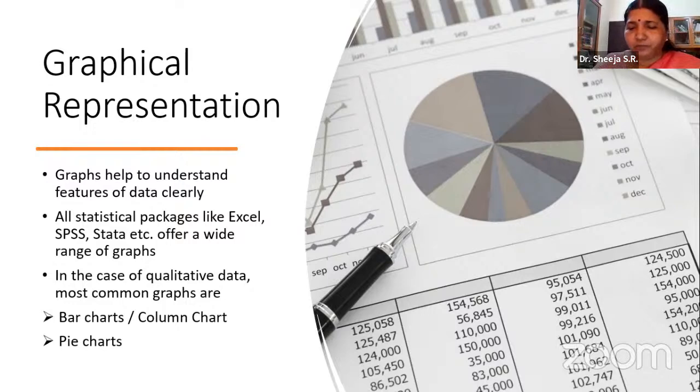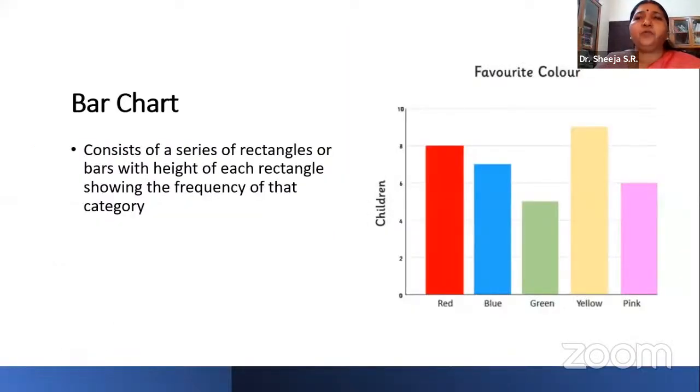I will show the pictures. So this is a bar chart, and in certain textbooks it is considered as a column chart. You will understand the difference between the bar chart and the column chart when you see the next slide.